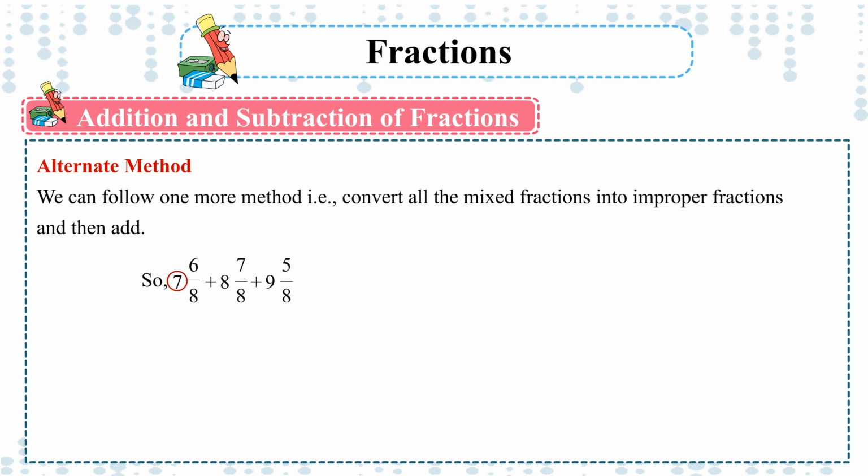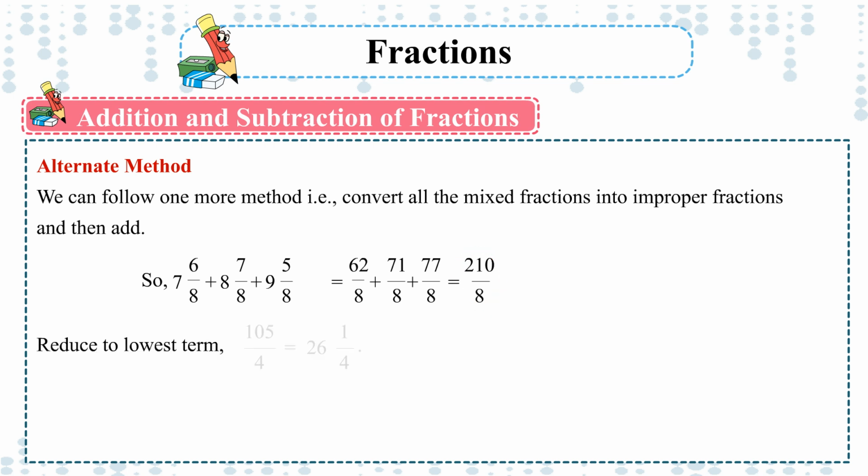So, 7, 6 upon 8 plus 8, 7 upon 8 plus 9, 5 upon 8 is equal to 62 upon 8 plus 71 upon 8 plus 77 upon 8 is equal to 210 upon 8.